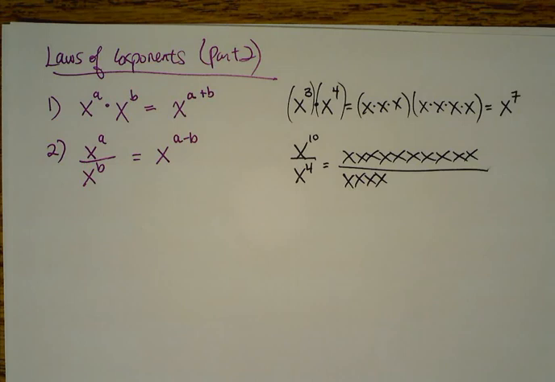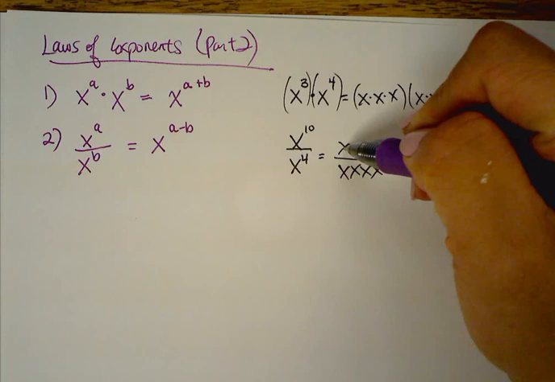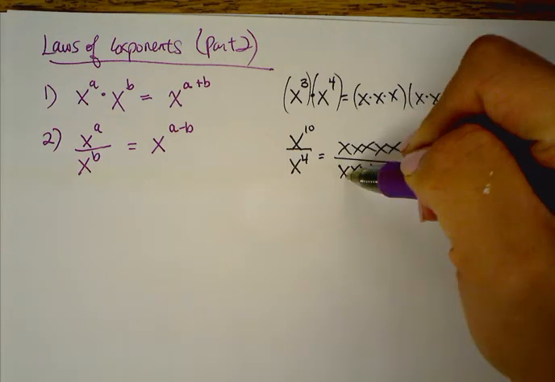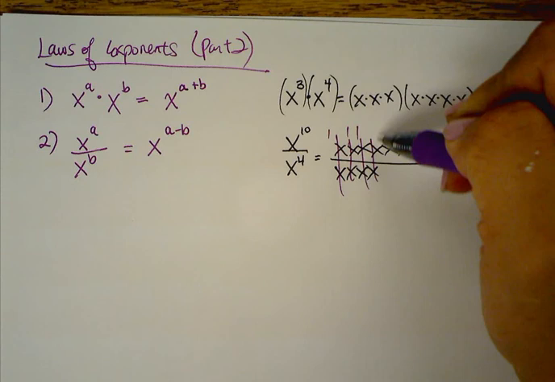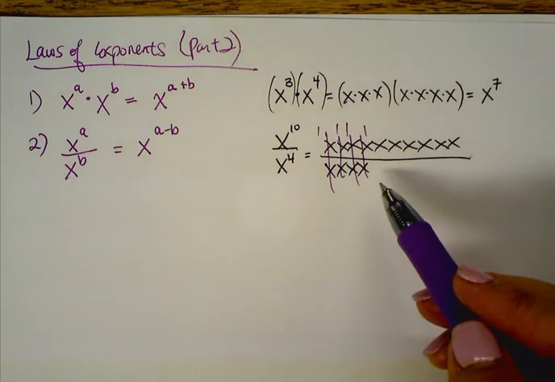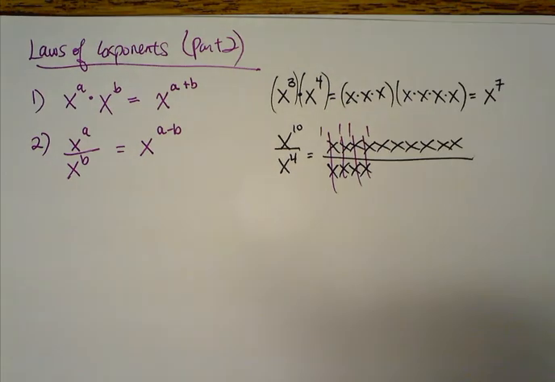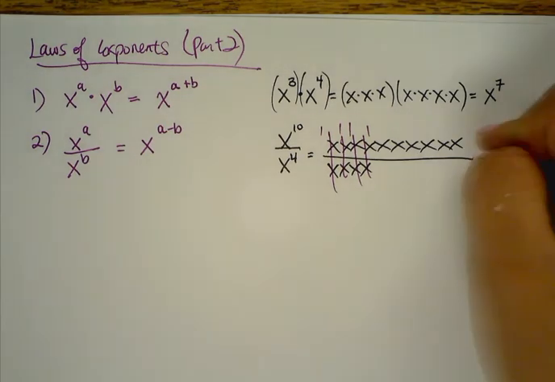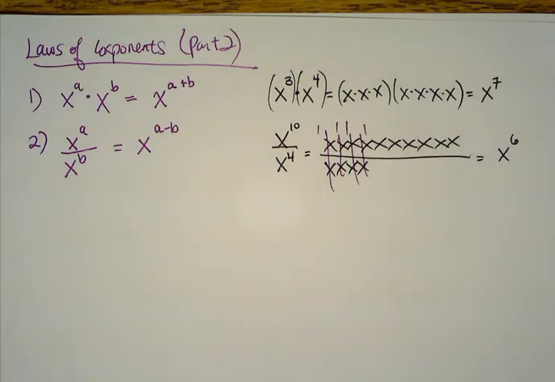What happens to x over x? It becomes a 1, so they cancel out. Is there anything left on the bottom? No. What's left on the top? There used to be 10 of them, but 4 of them got canceled out, so now there's 6 of them, which is what you get when you do 10 minus 4. Is that cool?